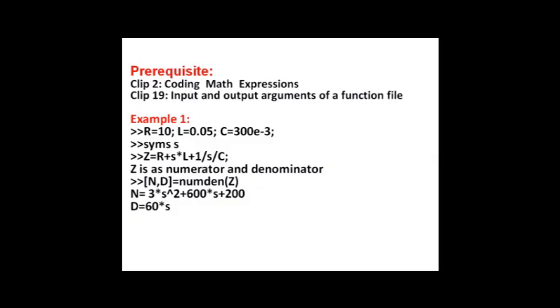And if you would like to separate the numerator and denominator, there is an embedded function by name numden, which is the short for numerator denominator. It returns two output arguments, which we named as n and d, user chosen variables. After running the command, you're gonna see n as 3s square plus 600s plus 200, and d gonna be 60s.